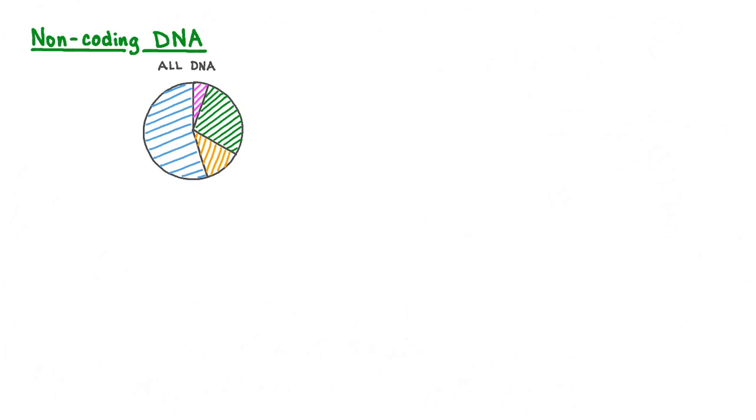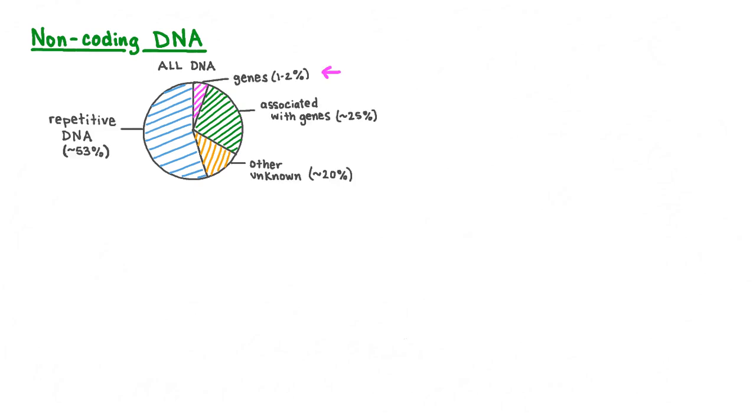Imagine that all the DNA contained in a cell is represented by this pie. As we just said, only a tiny portion of this pie is coding for RNA and/or proteins. Our genes make up about 1 to 2% of the total. All of the rest is non-coding, meaning it doesn't produce RNA or proteins. Around 20% of the DNA still has unidentified functions.